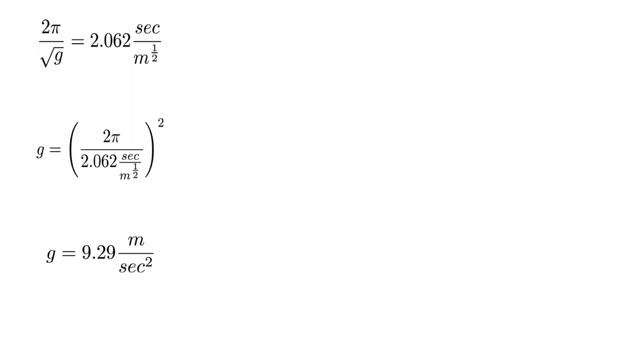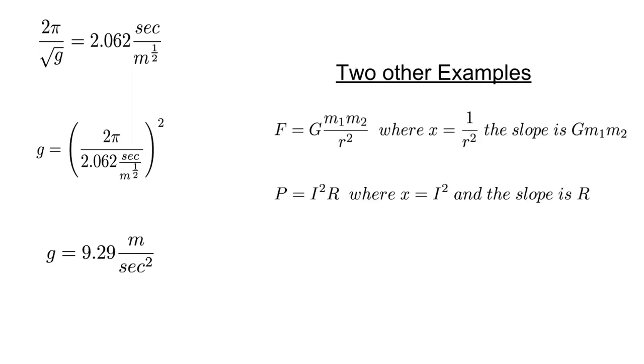This could be an experiment that you've designed and collected the data for, or you could be an astronaut on another planet using a photogate and trying to determine the gravitational acceleration for that planet. The beauty of linearization is that it can be applied to almost any equation that allows the y equals mx plus b format.